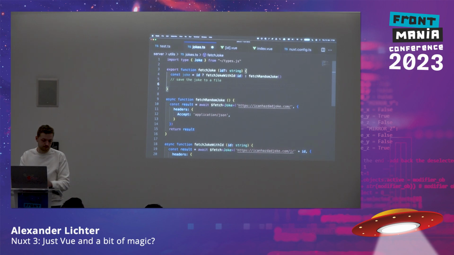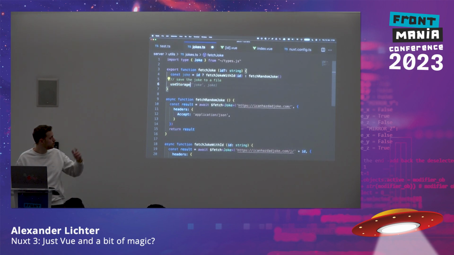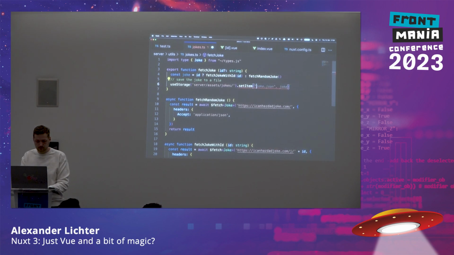And we have another server-side function, which is called useStorage. So that's also built in straight away. And we can use server assets jokes, and here we can say, okay, let's set an item, recent.json. And we want to set it to the joke.